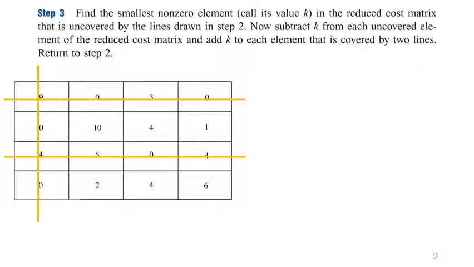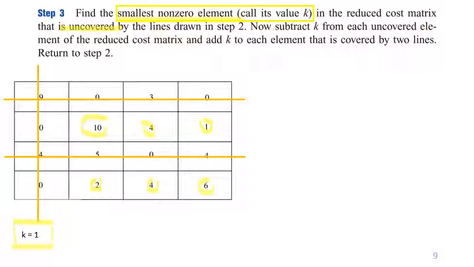In step 3, we find the smallest non-zero element that is uncovered by the lines. So here, if you look at the uncovered elements, you see that the smallest non-zero element equals 1. Okay, so these are all uncovered elements, and among these, the smallest non-zero element is 1.